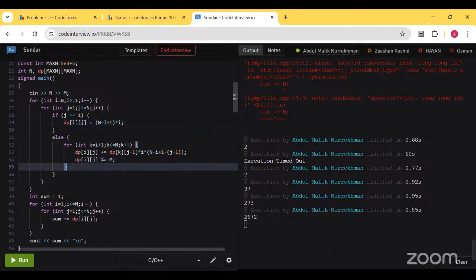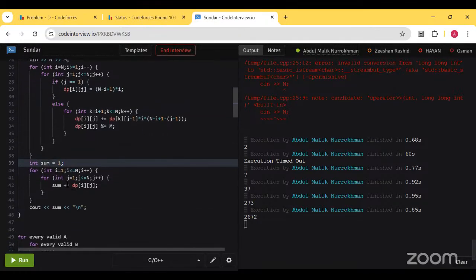Yes. And if we add them, it will never exceed the long maximum bound. So we get modulo here.